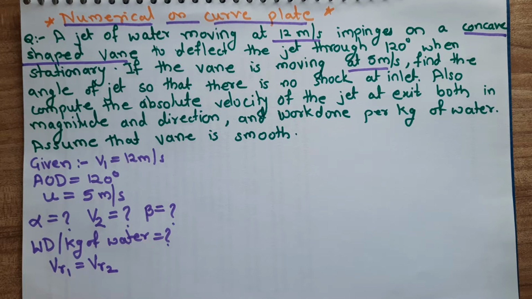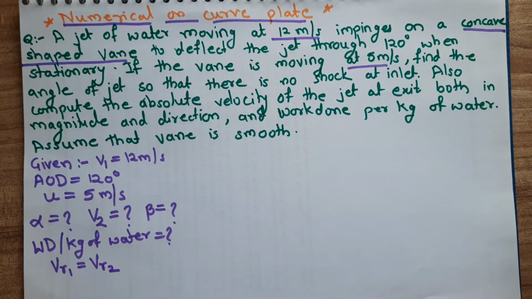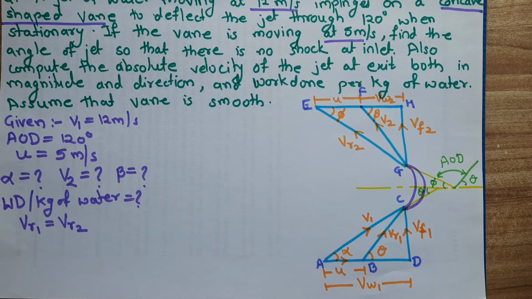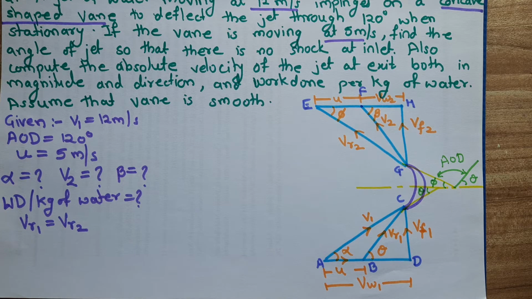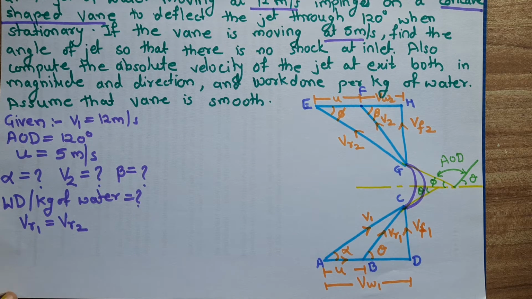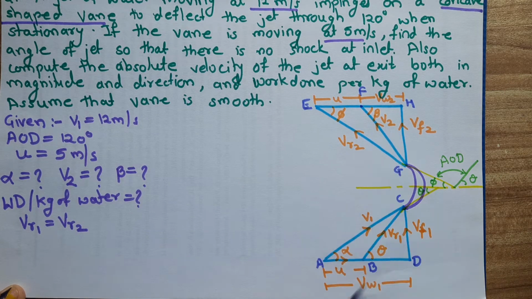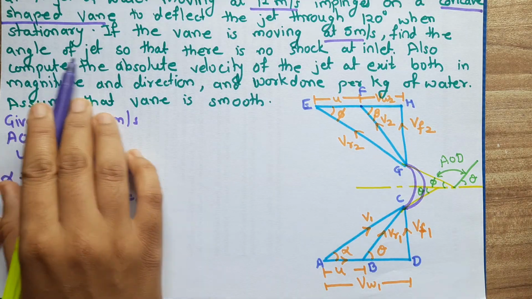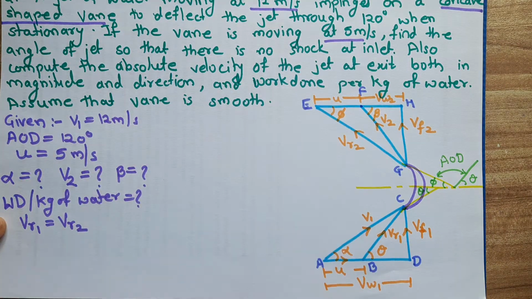Let's draw the velocity triangle for this vane. So here is the velocity triangle for our numerical. This is the inlet velocity triangle and this is the outlet velocity triangle. So from here you can see that we are supposed to find angle of the jet at inlet.